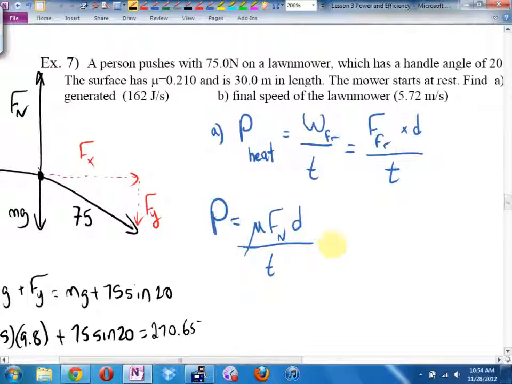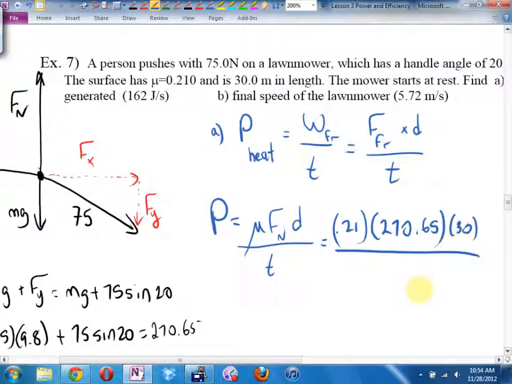And I'll go trucking up here. Mu, 0.21 times the normal force times the distance, 30, over the, oh, did they give me the time? No. Did we figure out time in the last question?